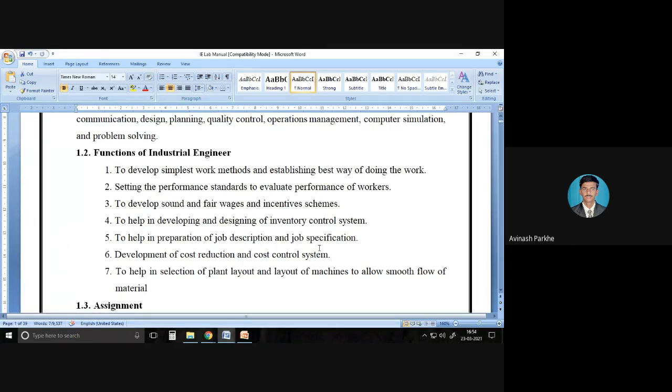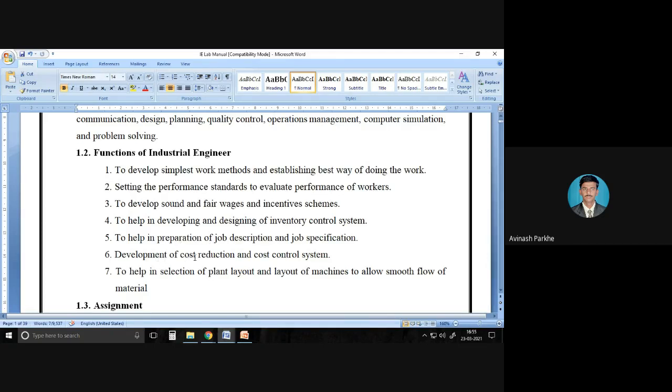Like that, we have to give detailed information in the form of job description and job specification, whatever important specifications there are. What is the weight of that job, where it is to be applied, what are the vertical and horizontal dimensions, and if it is a rotating job, at how much speed it is to rotate. Like that, all the detailed specifications are also given by the industrial engineer.